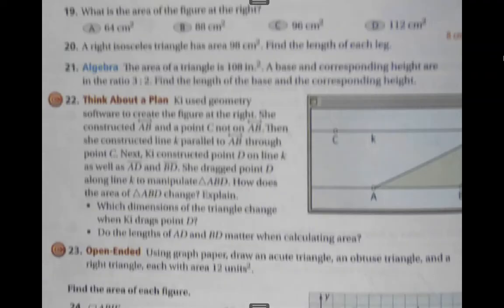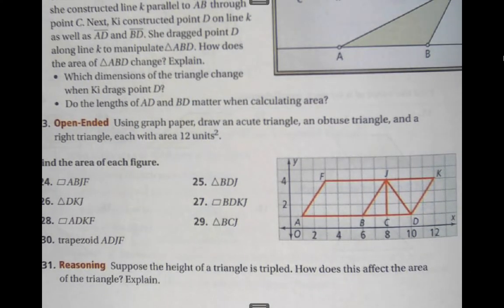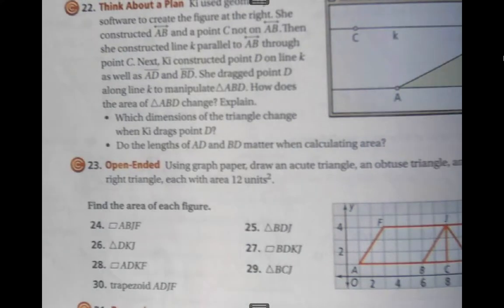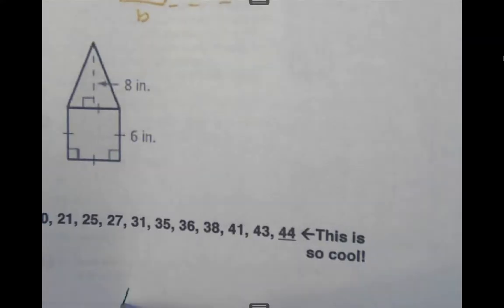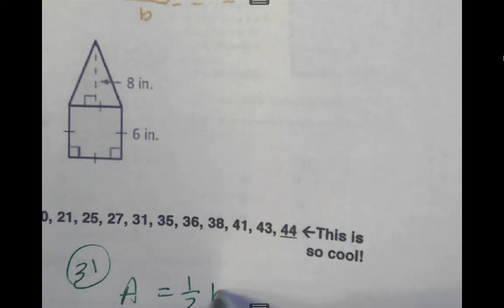Let's look at number 31. It says, suppose the height of a triangle is tripled. How does this affect the area of the triangle? So my formula for the area of a triangle is area equals 1/2 base times height.